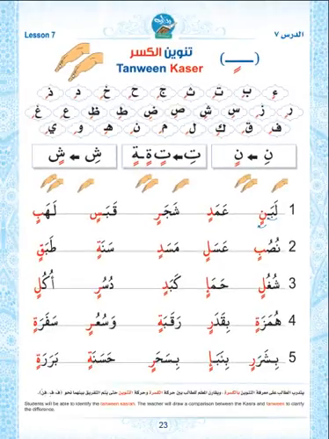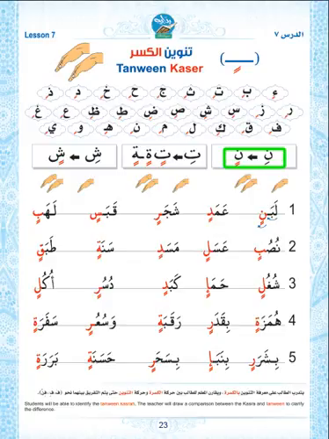Also, in this lesson, you'll notice, as we did before, the example letter, which is Noon in this case, is used in the first word on the first line, so the student is somewhat familiar before he or she delves into the words.